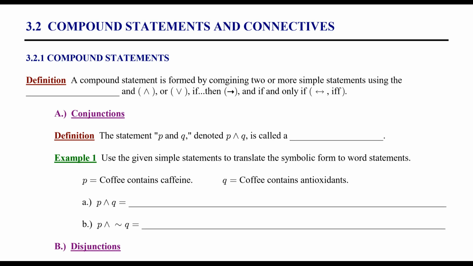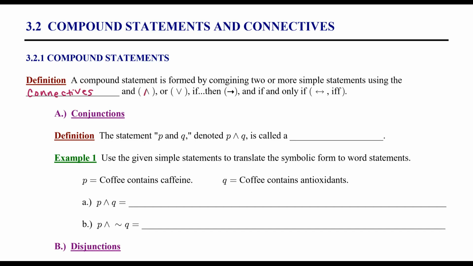Section 3.2.1 concerns compound statements. Definition: a compound statement is formed by combining two or more simple statements using the connectives and, or, if then, and if and only if. Now, each of these connecting words has a symbol.